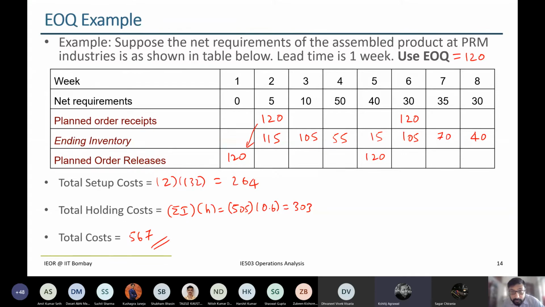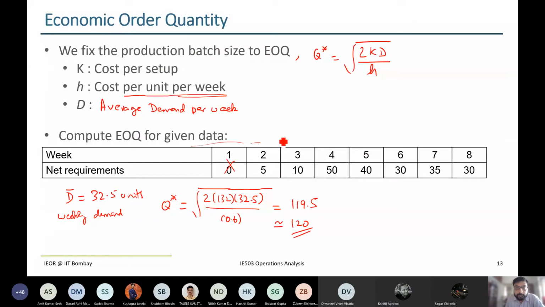Which quantity are you not getting? 32.5, as the average required quantity for a week. This one? It's just the average of all these numbers: 5 plus 10 plus 50 plus 40 plus 30 plus 35 plus 30 by 7. Sir, but this total is 200. So 200 by 7 it should be, but it is not 32.5. Is it?